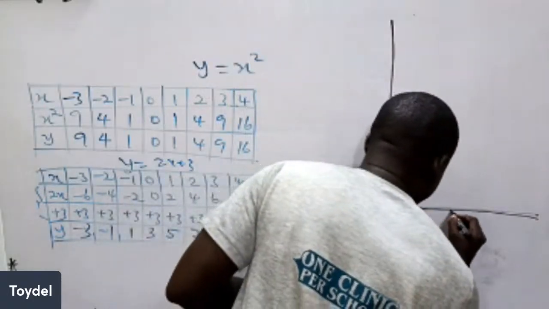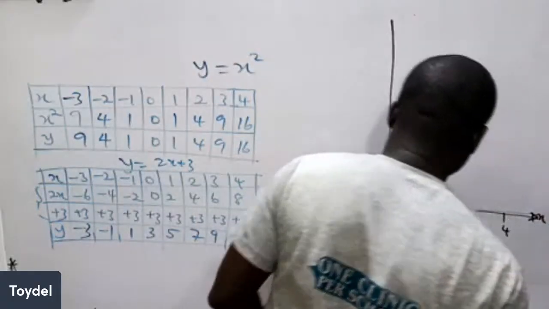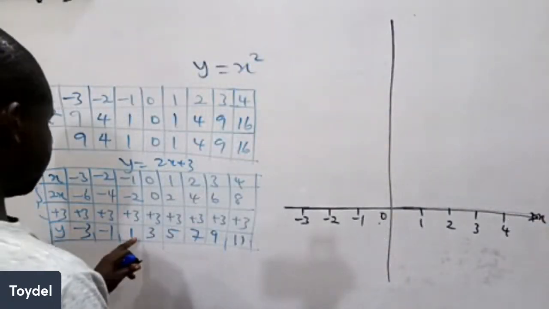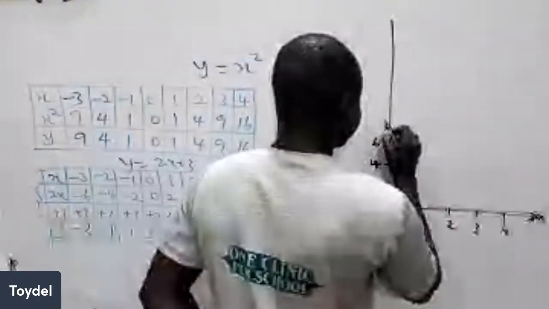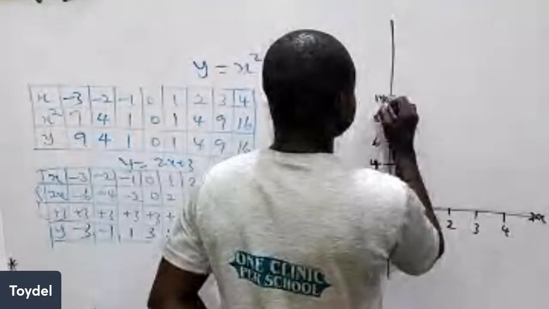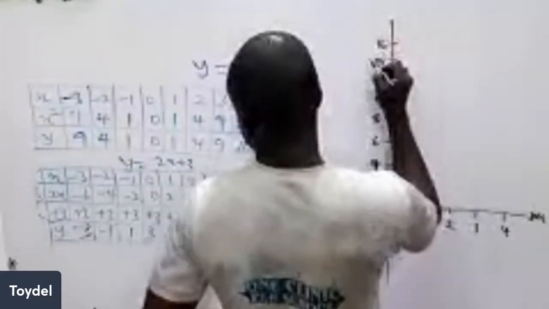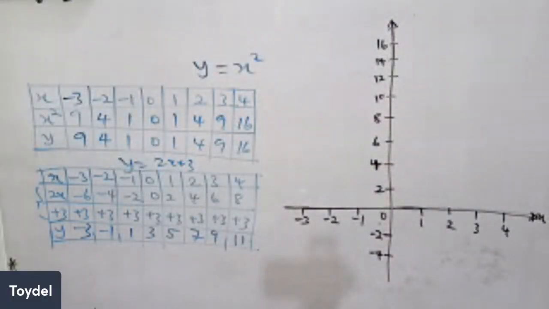I will have 1, 2, 3, 4. This is positive X. Then along the Y, 2 centimeters to 2 units: 2, 4, 6, 8, 10, 12, 14, 16. I think 16 is the highest.